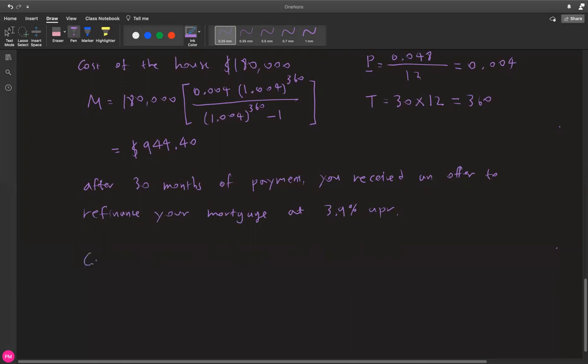We have to compute the balance on your current mortgage after the 30-month payment, so 30 monthly payments.